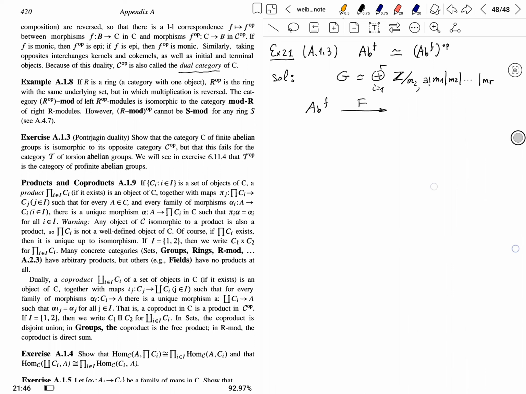Okay, and we're going to construct this functor. What we do is, let's just define it on Z quotient by some integer, and then it's just for direct sum, finite direct sum.